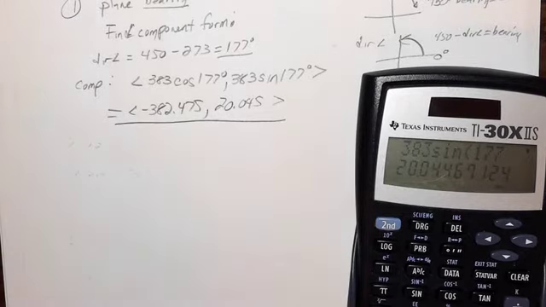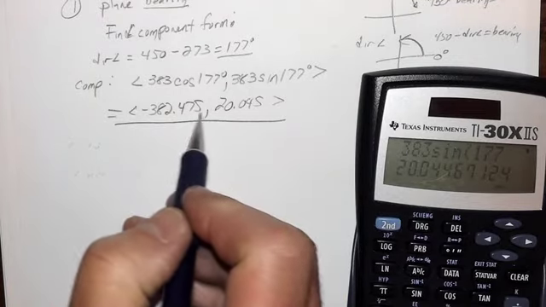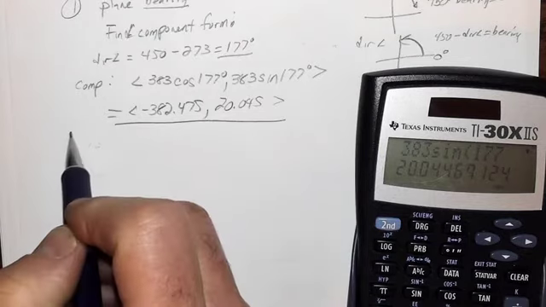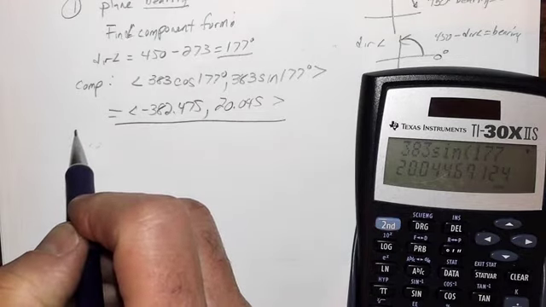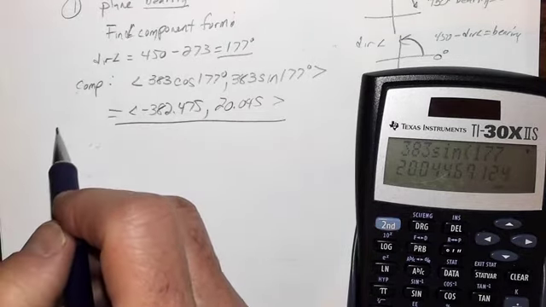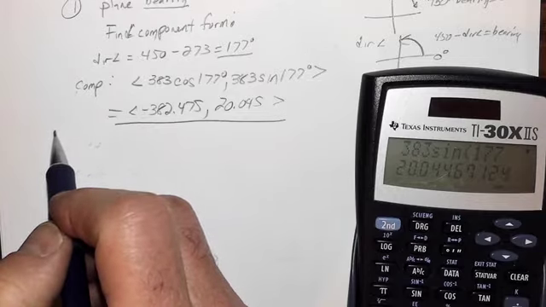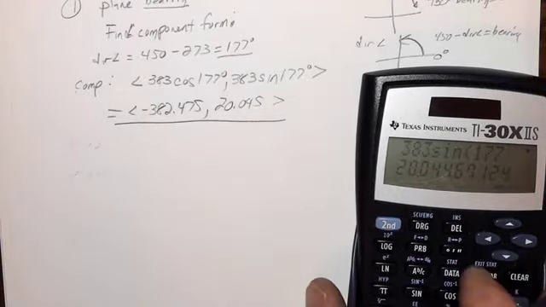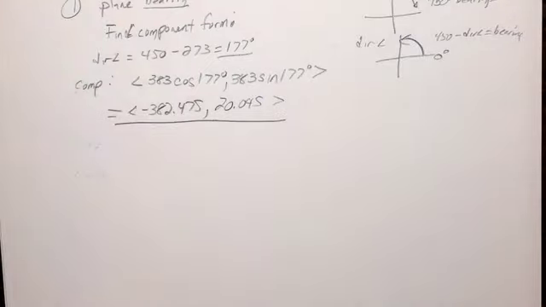And there's the component form of that. If you were to draw that out, the x-part would be coming this way, a really big amount, and you go positive a little bit like that. The direction angle is 177 degrees, so it makes sense.